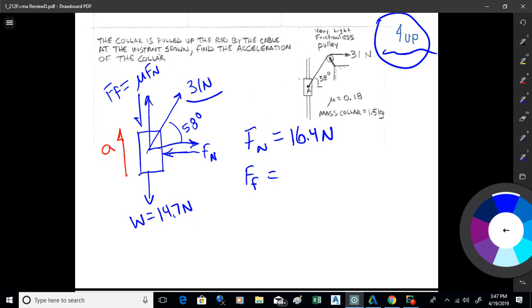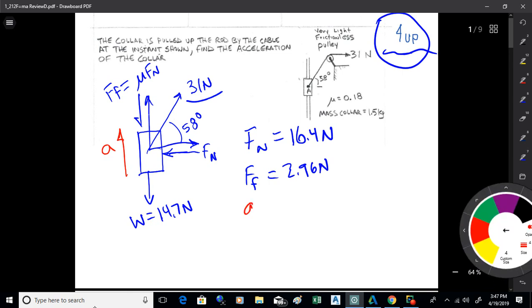So the force of friction there is 2.96. And then you can get to the acceleration after that. And that ought to be 5.74, is that right? Yeah, that's about right. Okay, so 5.74, all right?